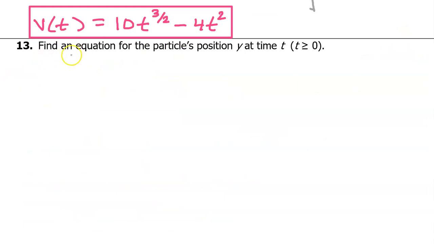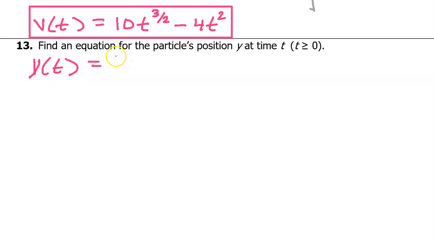For number 13, we need to find an equation for the particle's position y at time t, t is greater than or equal to 0. Well, we know that the position is on the y-axis, so the position function will be y of t.